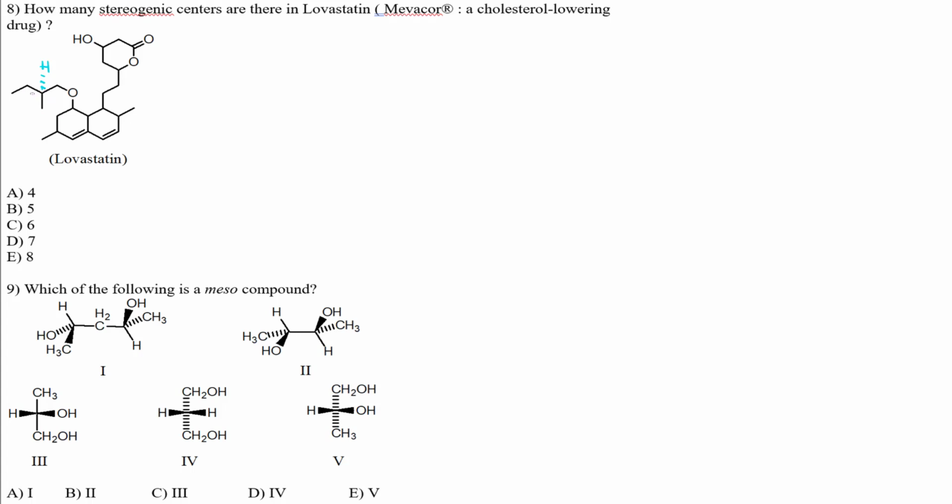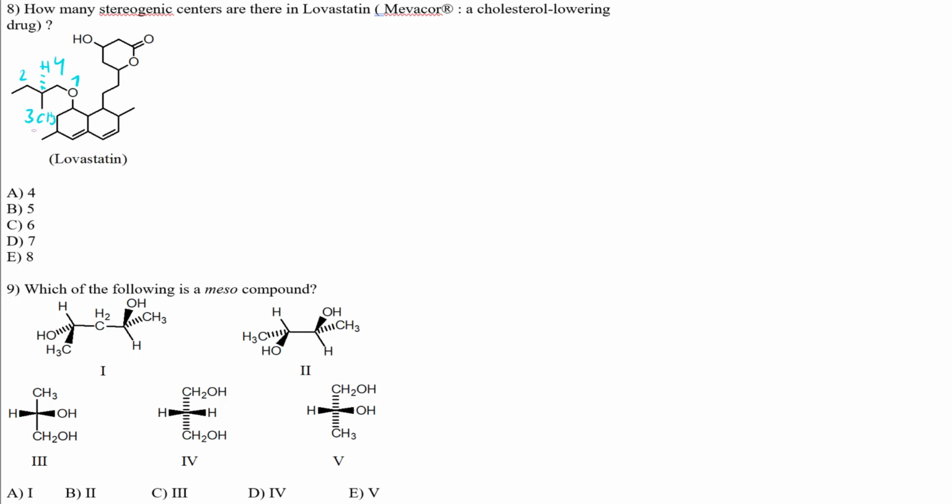Let's see. Well, we have a methyl group, which is different. Then we have a hydrogen. Then we have a CH2 and a CH2. Well, we have to go down the line. This CH2 is connected to an oxygen, so that's good, and this one has a CH3. Well, I'd rather have the oxygen right here and a CH2. So I would say that this is priority number 1, and this is priority number 2, 3, and 4.